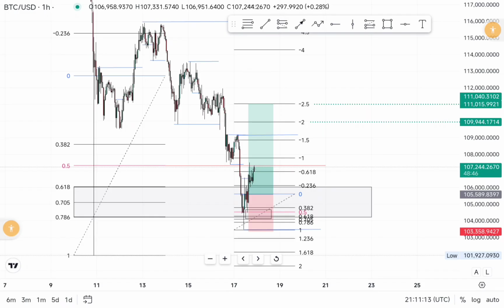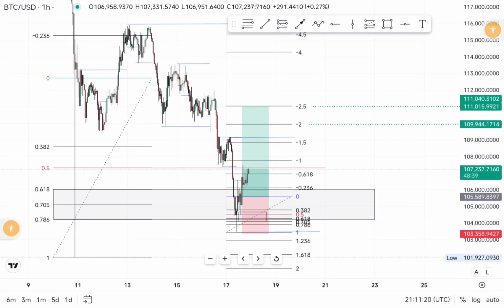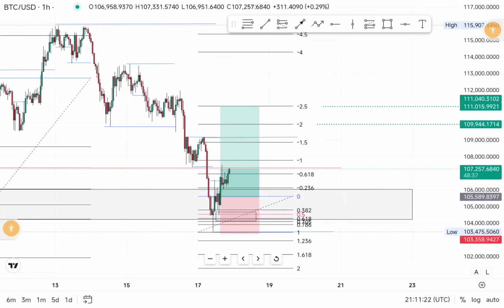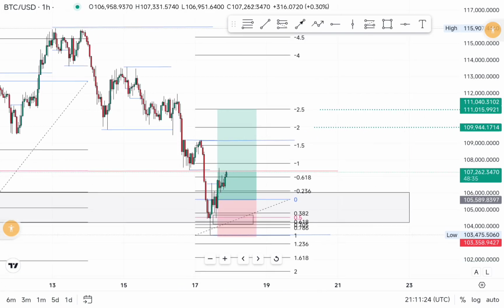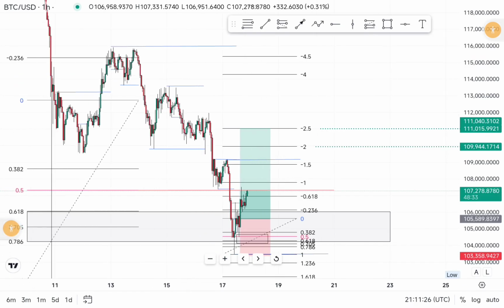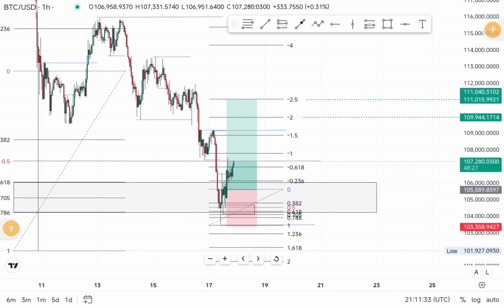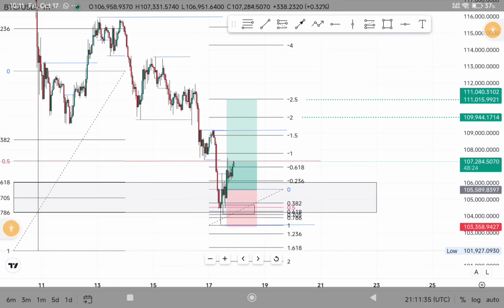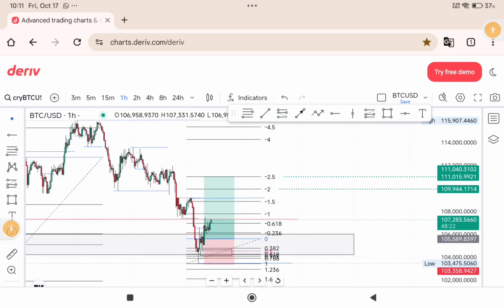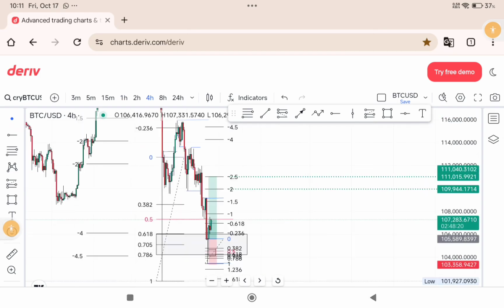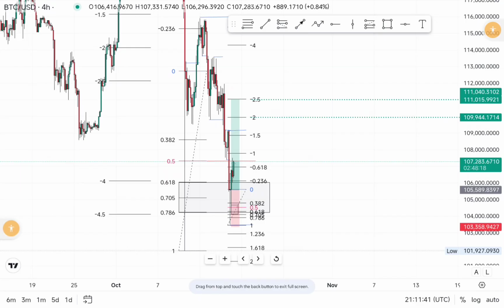You know, it's the market. You can't actually predict the market, but with this tool, it gives us an accuracy in our analysis. I've been using the Fibo deviation tool, and it has always been giving me a 75% winning rate.